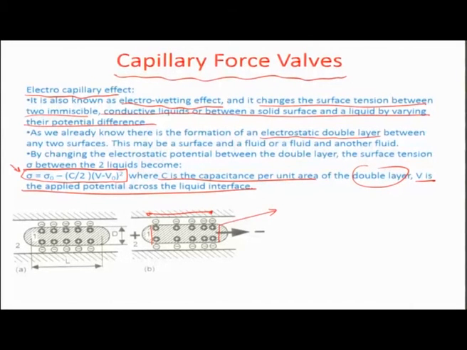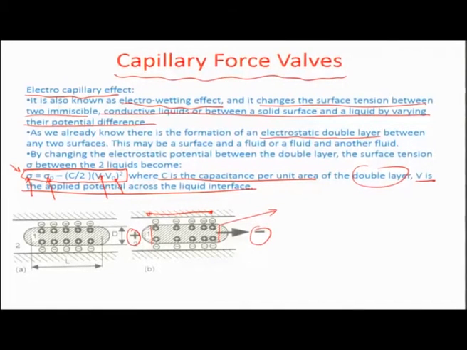So, basically the difference in potential between both the electrodes, the positive and the negative electrodes, is V. Sigma 0 is the initial surface tension, and sigma is the final surface tension when V potential is applied over and above V 0.